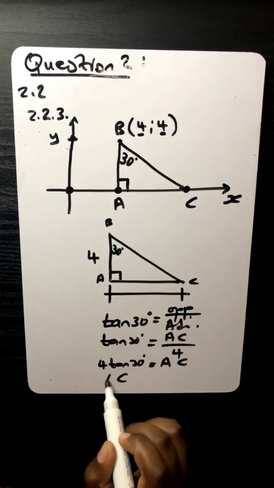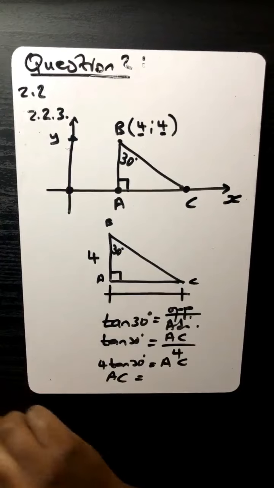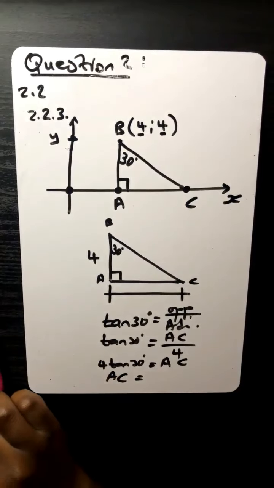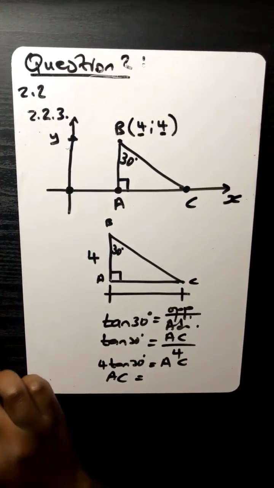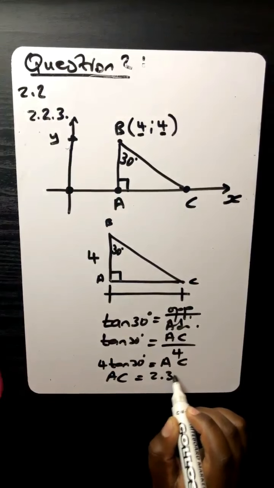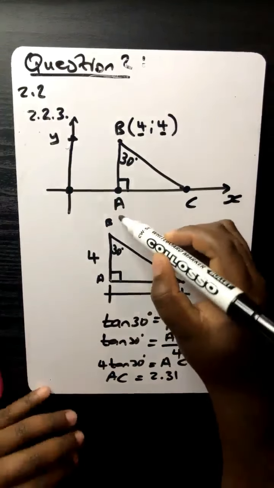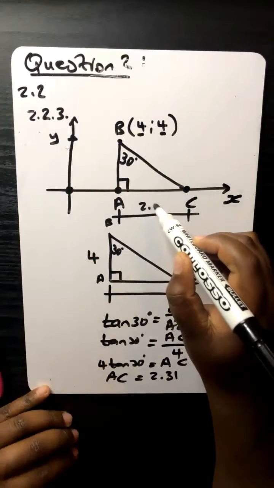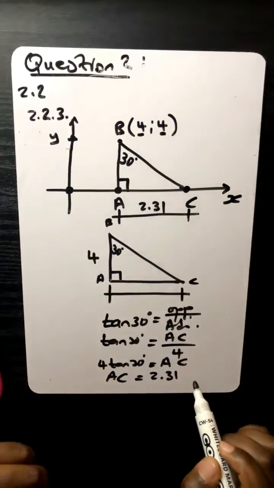So 4 tan 30 degrees equals AC. Then what is AC, guys? Let me punch all of that. AC is 4 tan 30, and as a decimal this equals 2,31.